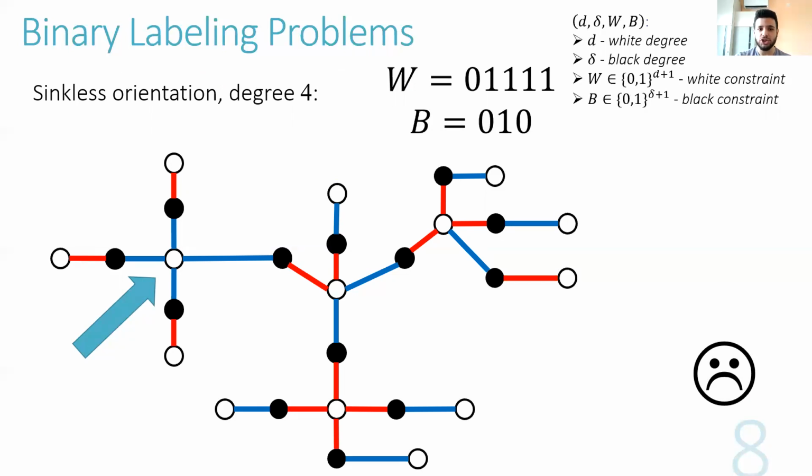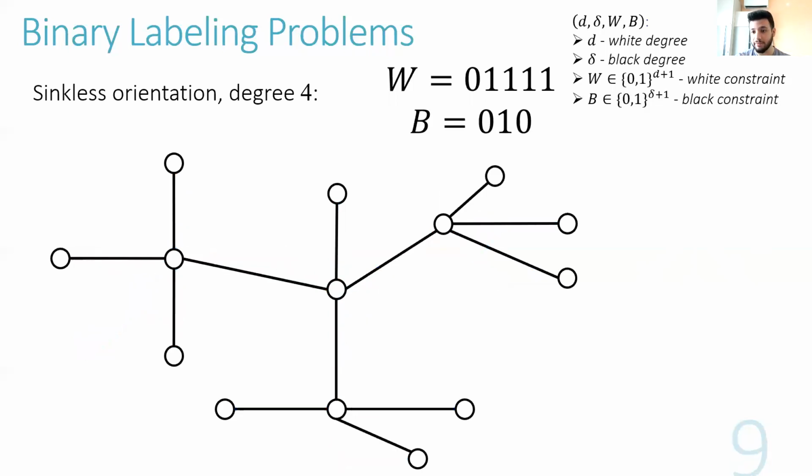And here is where I show you why we can assume without loss of generality that we are given a two-colored graph, at least in the case of black degree 2. This is true in higher black degrees as well, but I'll explain it only for black degree 2. Well, assume we didn't have the black nodes and we wanted to solve sinkless orientation on this graph.